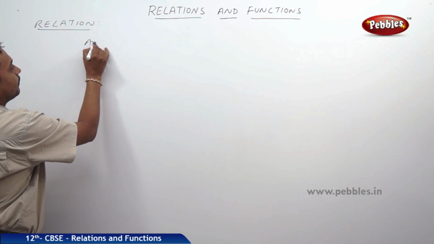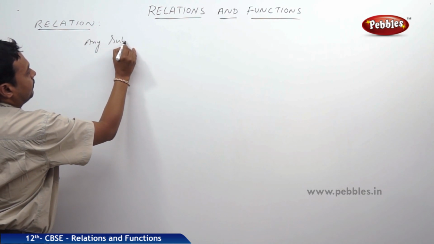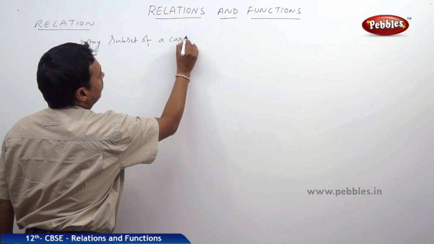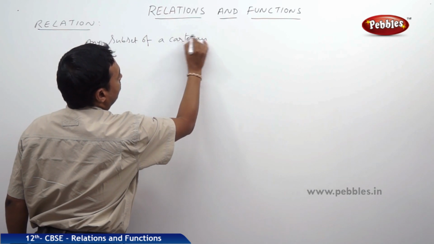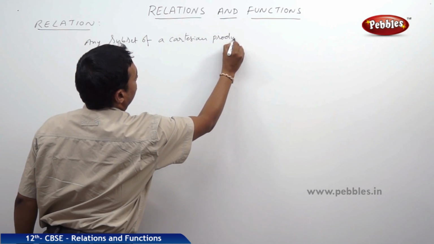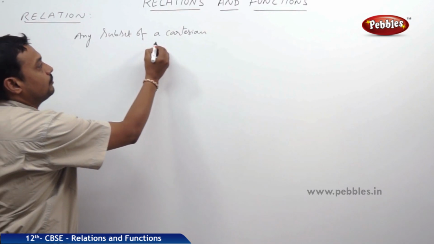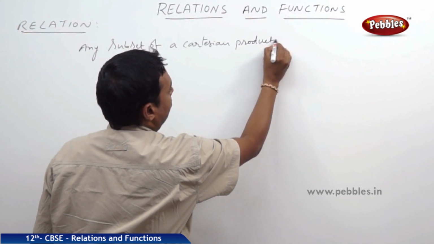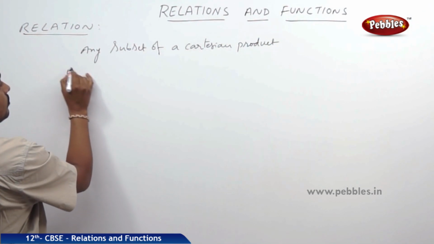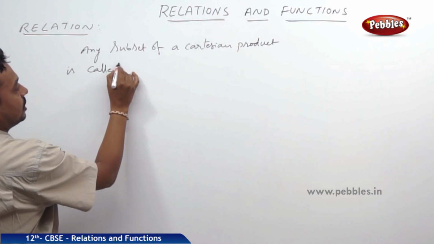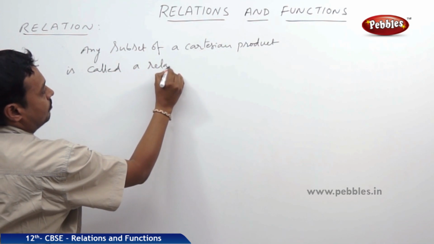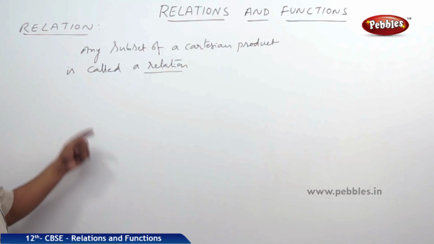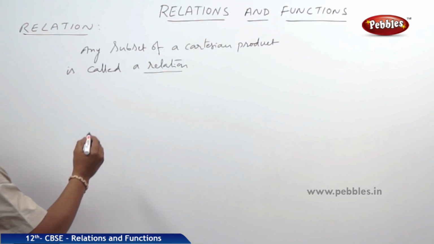Any subset of a Cartesian product is called a relation. So, this is the mathematical definition: any subset of a Cartesian product.